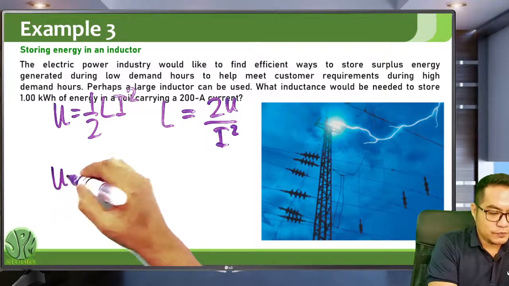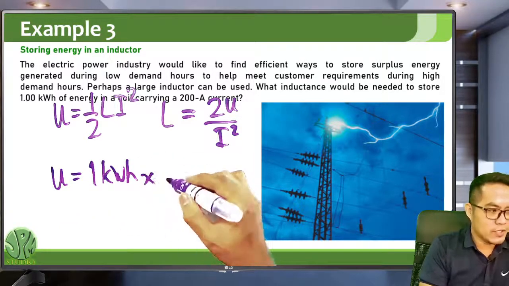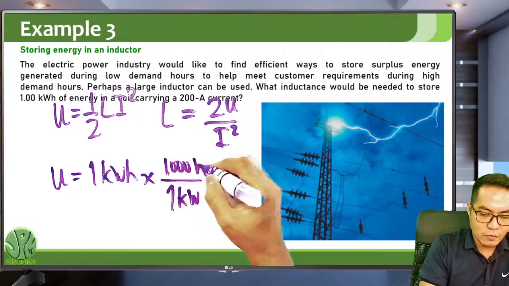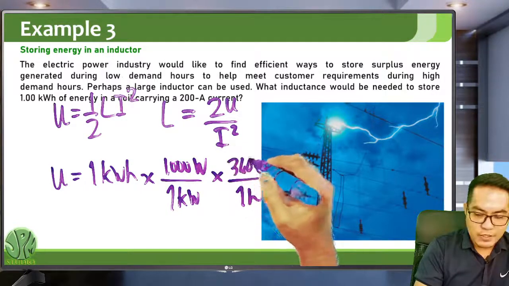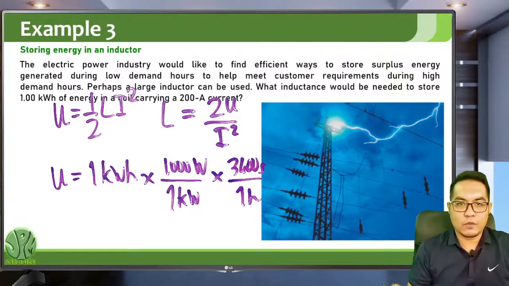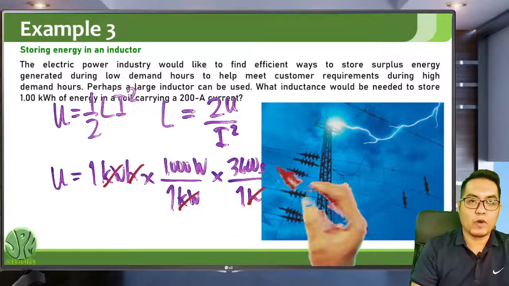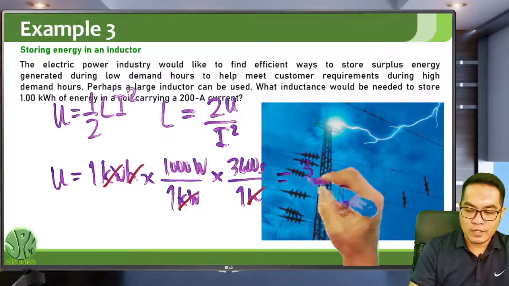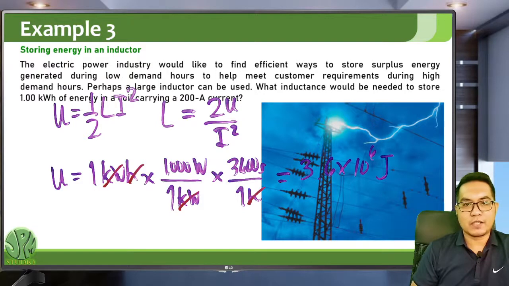So U, which is 1 kilowatt hour, convert this. So 1 kilowatt is 1000 watts, and then 1 hour is 3600 seconds. So the unit watt second is the unit called joules. So kilowatt, kilowatt, hour, hour, and you have watt second or joules. And this will give you a value of 3.6 times 10 to the 6 joules.